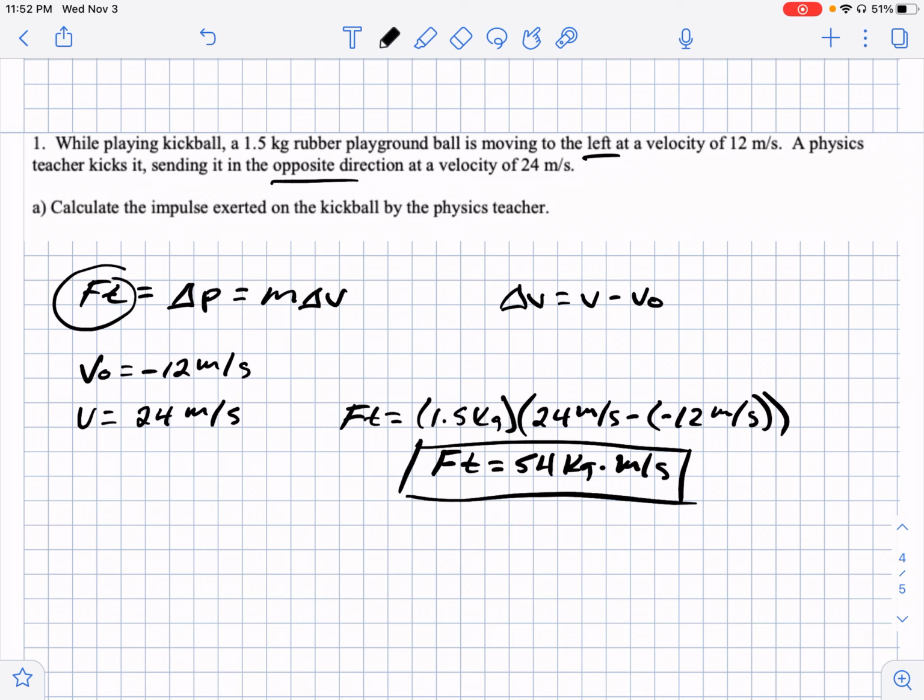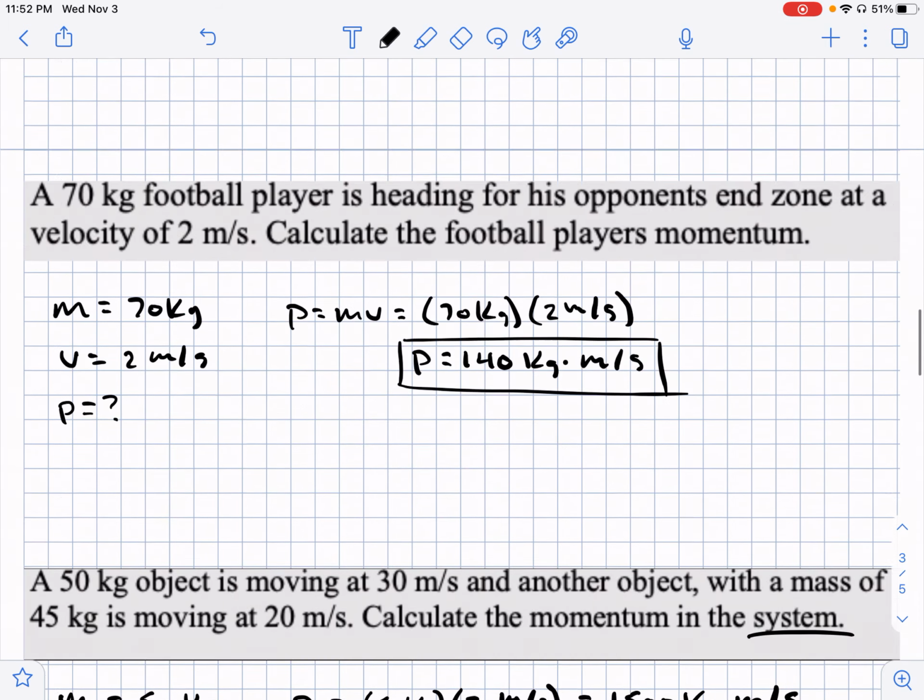So that's how we can apply this impulse momentum equation in solving for the impulse on an object. Now, if you notice though, for this one, it was a constant force. So the physics teacher was applying a constant force, so we were able to go in and solve for this impulse here. But that force may not always be constant.